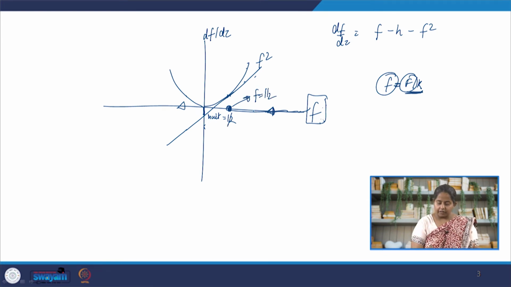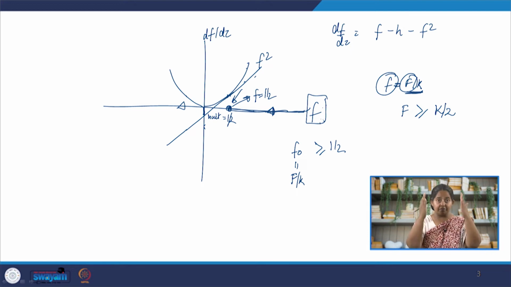If our f initial is greater than or equal to half, basically the initial number of fishes, because this is equal to F by K, is greater than or equal to carrying capacity by 2, then the number of fishes will continue to reduce until they reach this fixed point. The moment they reach this fixed point, they will stop moving.